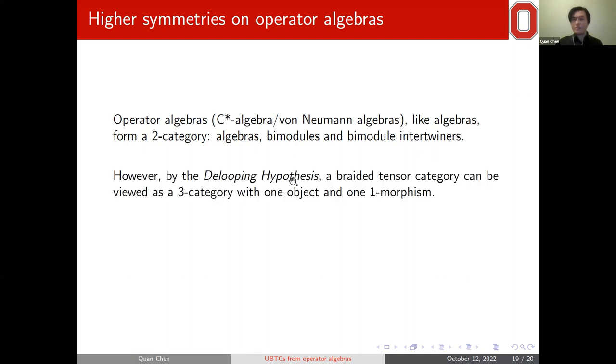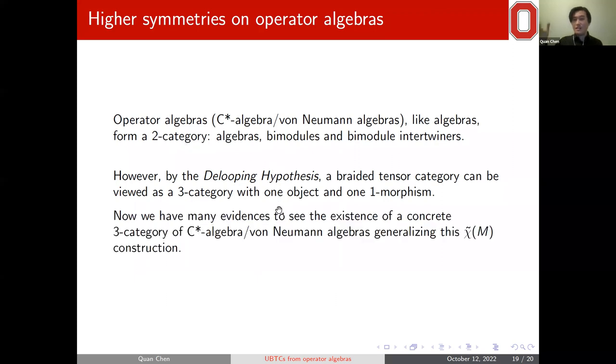However, by the looping hypothesis, a braided tensor category can be viewed as a 3-category with one object and one morphism. So essentially, a braided tensor category has more symmetry or a different kind of symmetry than the 2-category. But we see that our chi tilde of M is a braided tensor category, right?